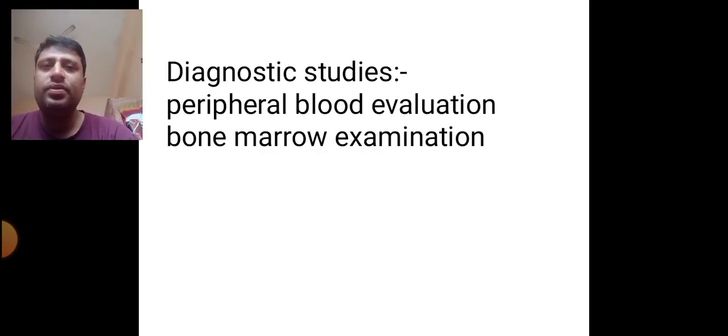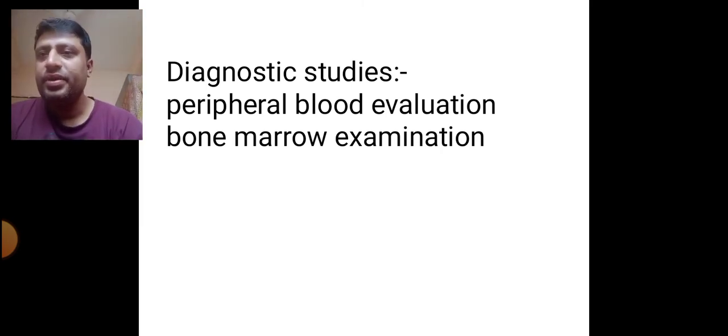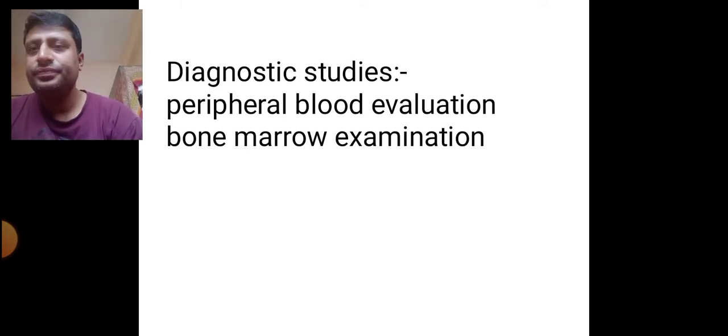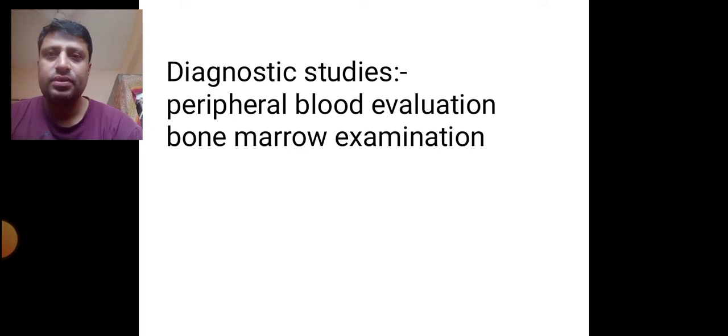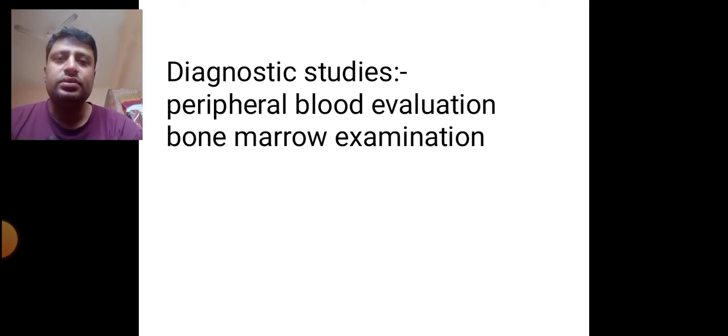Next, we'll go for diagnostic studies. Diagnostic studies mainly target peripheral blood evaluation and bone marrow examination. Diagnostic studies also involve the type of leukemia.